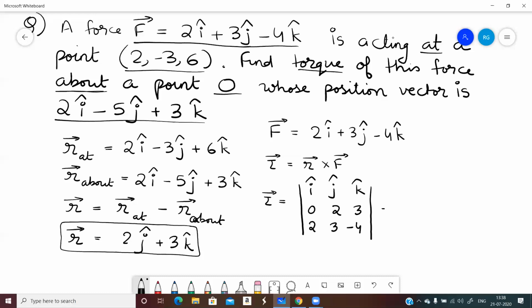So I write this as i cap: 2 into minus 4 is minus 8, minus 3 into 3 is 9. With minus j cap: 0 into minus 4 gives 0, minus 2 into 3 gives 6.